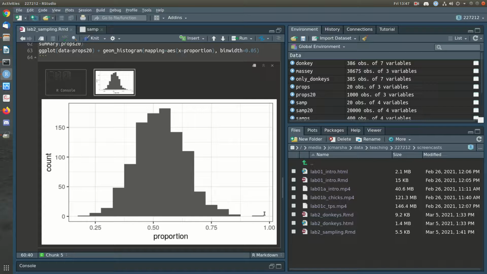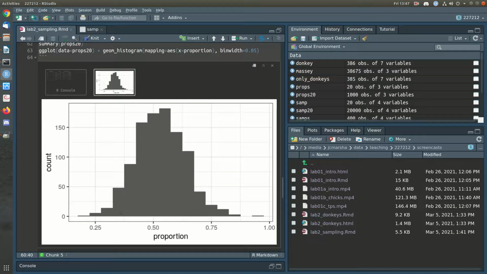This is the one that was 95% female. You'll get a slightly different curve to this than I did, of course, just because of random variation. Depending on when you run it and what machine you run it on, you'll get a slightly different picture, but it'll have essentially the same basic shape.